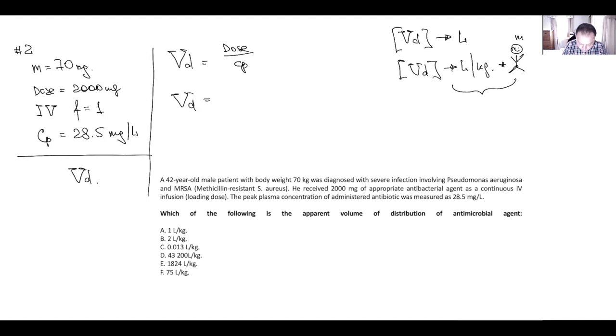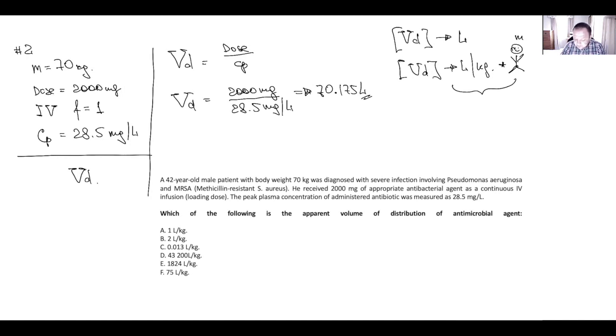It will be dose 2000 milligrams over 28.5 milligrams per liter. That will be equal to 70.175 liters. But we have this answer, so check units. You see, we got it in liters, and in the answers, you have liters per kg.